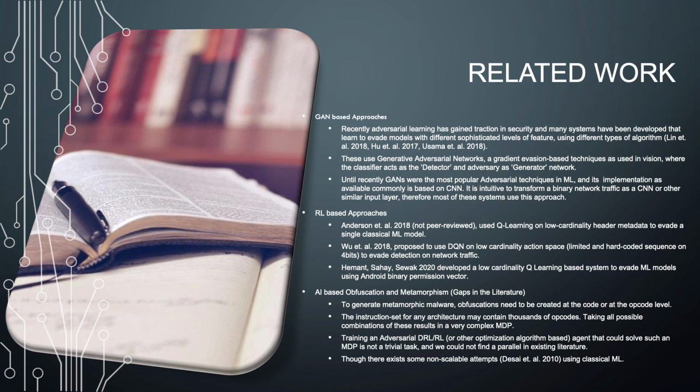The type of solution that we present to generate such ransomware comes broadly under the category of adversarial deep reinforcement learning. So let's understand some of the related work in the area of adversarial attacks and defenses. Adversarial attacks are not a new thing, but they became really popular with the advent of generative adversarial networks, which were the types of networks used in CNNs for different types of fake image generation.